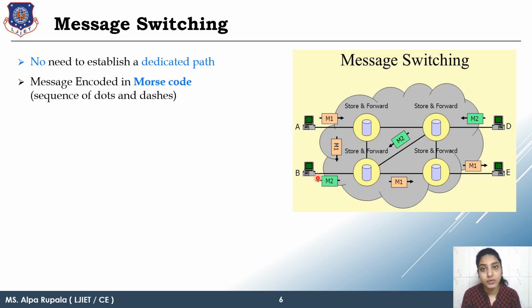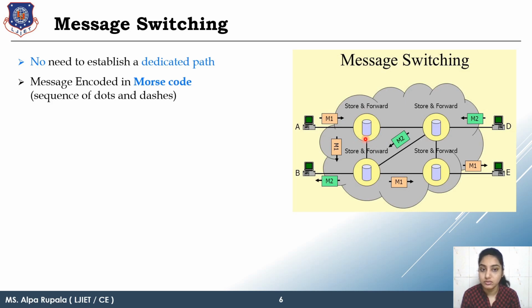But what is the disadvantage? The disadvantage is for the same reason, the store and forward network. Why? Because we are using secondary storage, and your message packet is a very large amount of data. So we are wasting a large amount of storage capacity.